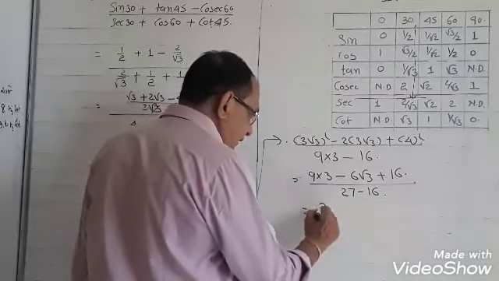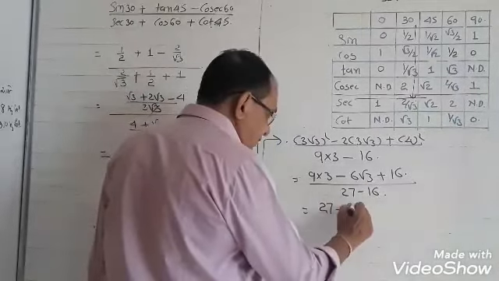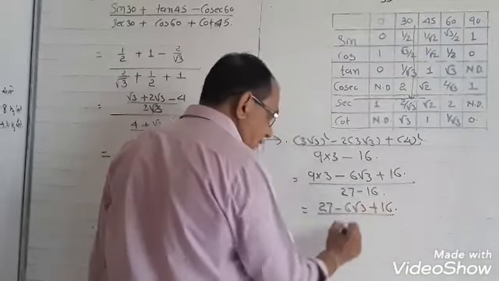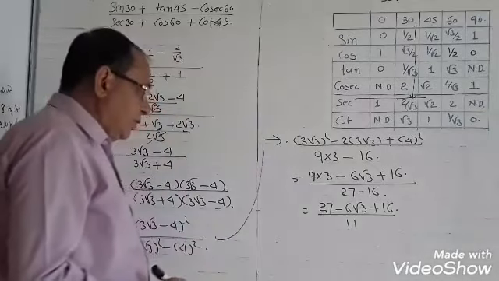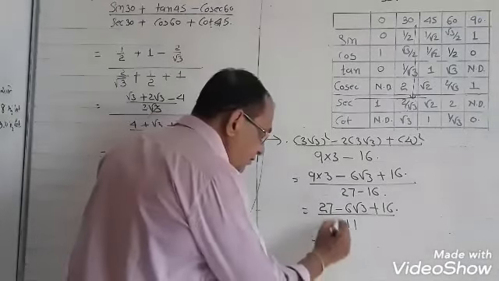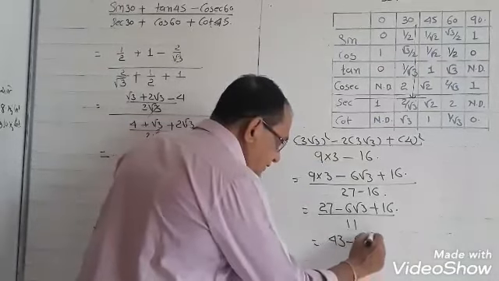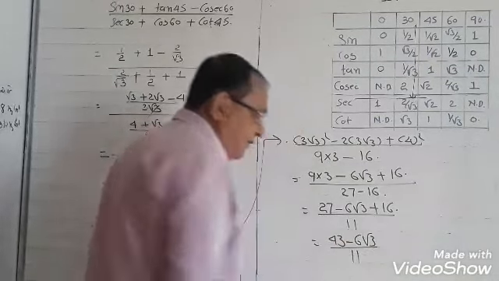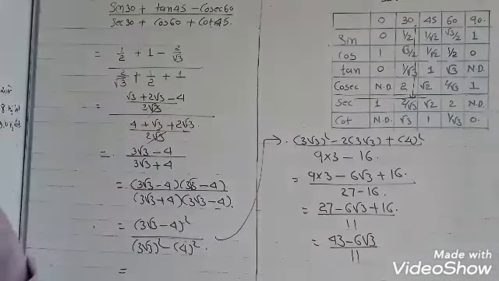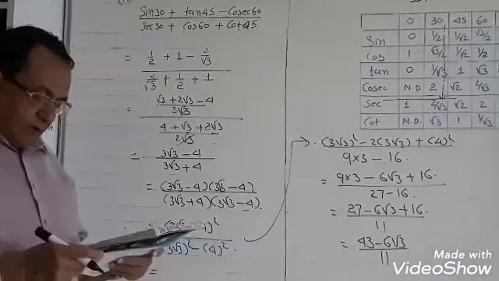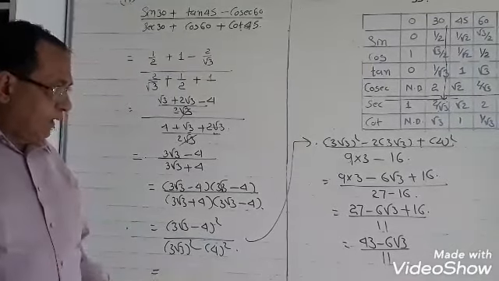9 threes are 27 minus 6 root 3 plus 16, upon 27 minus 16 is equal to 11. So 43 minus 6 root 3 upon 11, that is your answer. Get it?